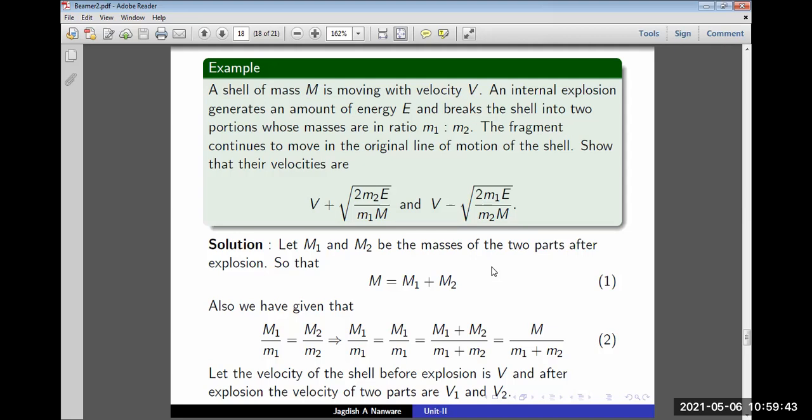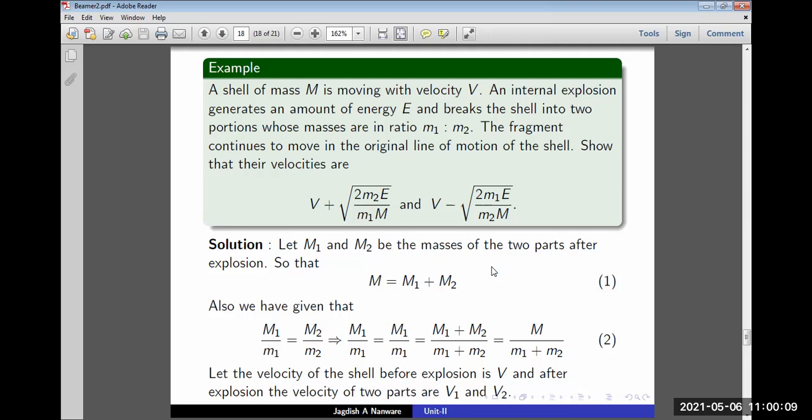Okay, so it continues, that is the assumption. Show that the velocities of the first portion is p plus the square root of 2 m2 E divided by m1 M, and of the other portion is p minus the square root of 2 m1 E divided by m2 M. So let us see how to prove it, how to find it.